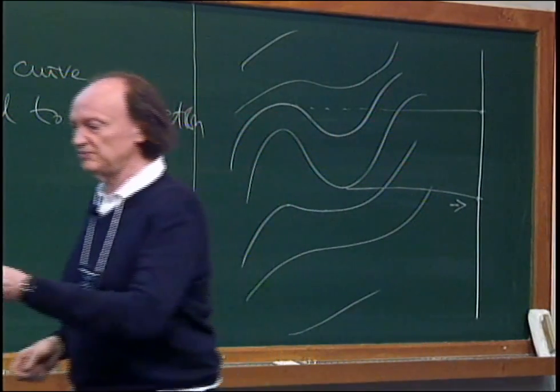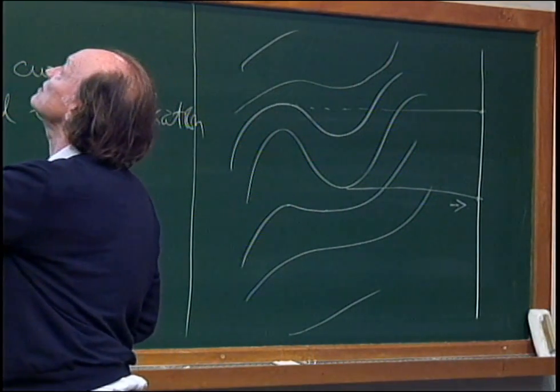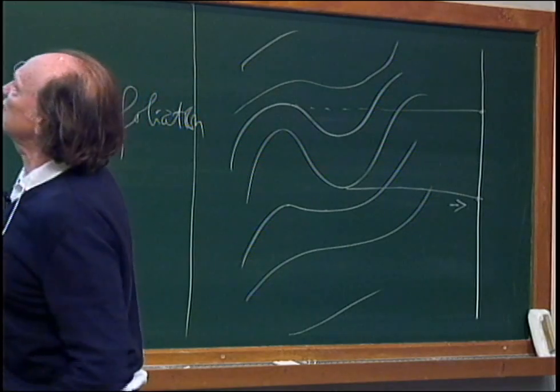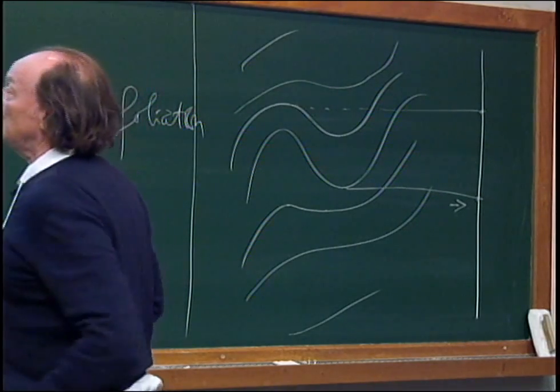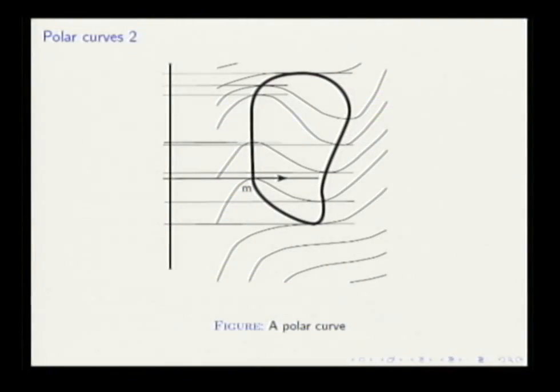So I should be able to point and show it here, for example, or here. And it may also be a singular curve. Of course, if you look at different projections on different lines, you get different polar curves.